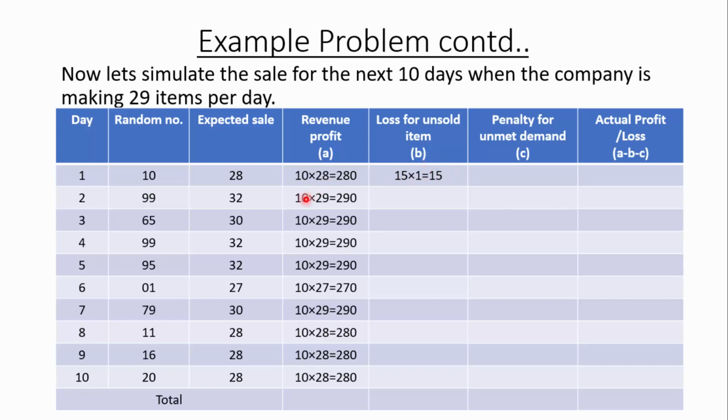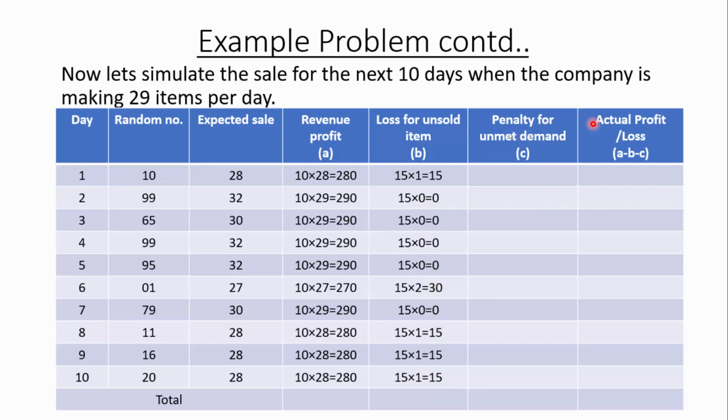Similarly, for the second day we can see that the expected sale is 32 and the company makes 29 items per day. So all the 29 items are consumed because the expected sale is more. So here we do not have any unsold item, and we will calculate the other values also in a similar manner. So these are the values we have calculated here.